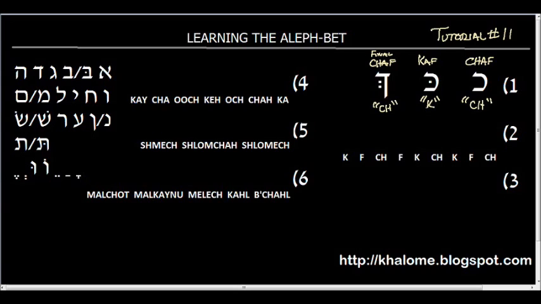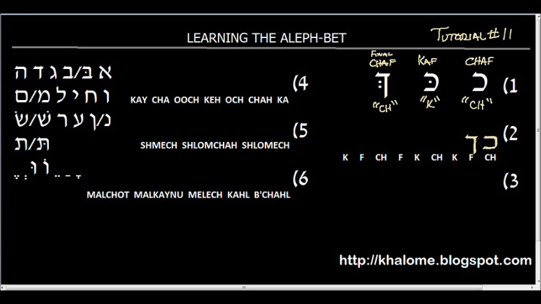Let's go ahead and practice writing these in the block script. They're fairly easy to write. The regular chaf almost looks like a vet or bet, except you make it one long stroke all the way around, almost like a backwards C. The final chaf is a vertical line, a horizontal line, and then a vertical line all the way down.